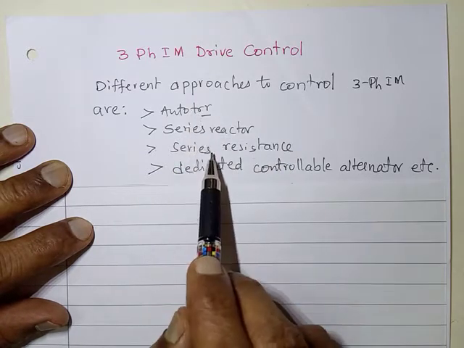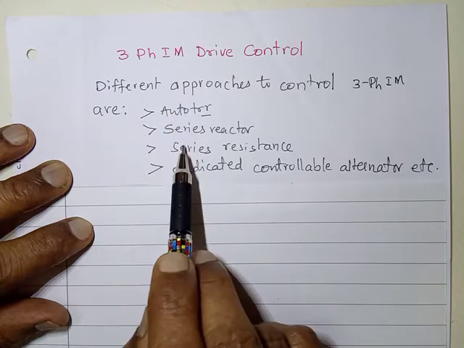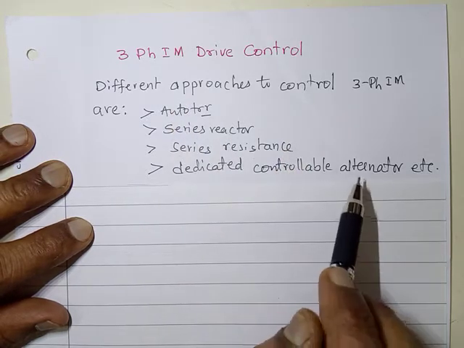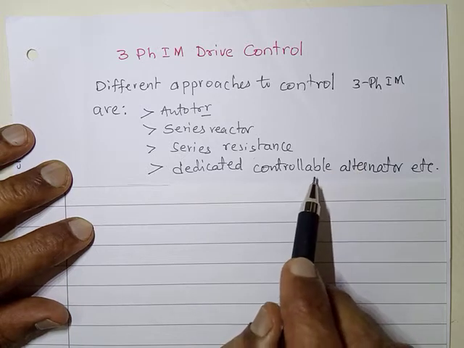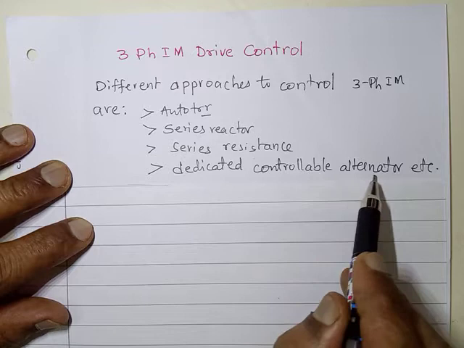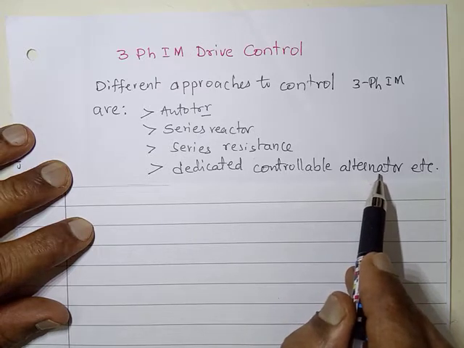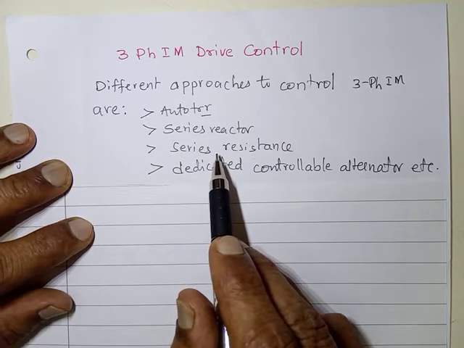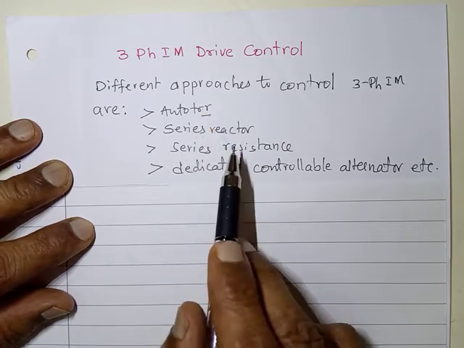In all these, the available supply is constant, we make it variable. Whereas here we have the available voltage itself as variable, because we can have a separate alternator if that is possible. So there are different approaches. They have their own merits, demerits.